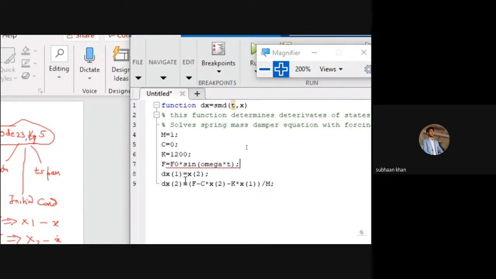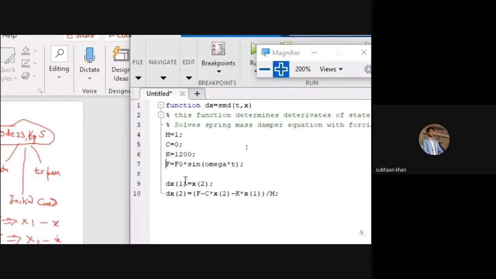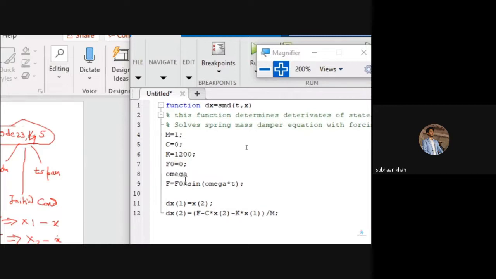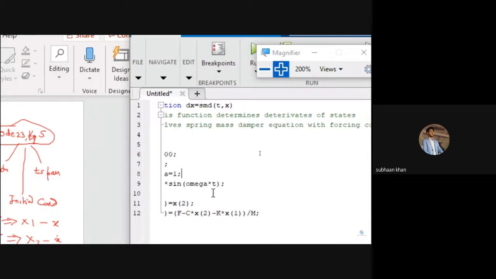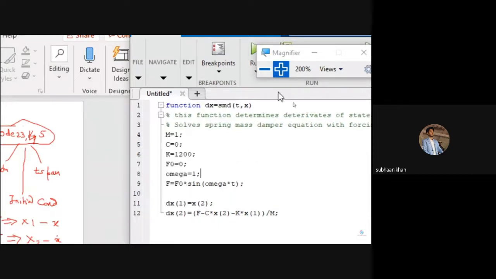This is a harmonic function I'm going to provide. So in this harmonic function, I need an F zero. I'll initially put in a zero. Then I will put an omega, maybe one radian per second. So this way we create a function.